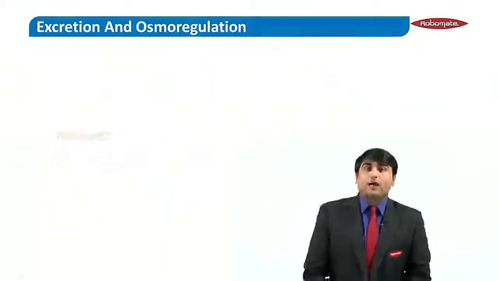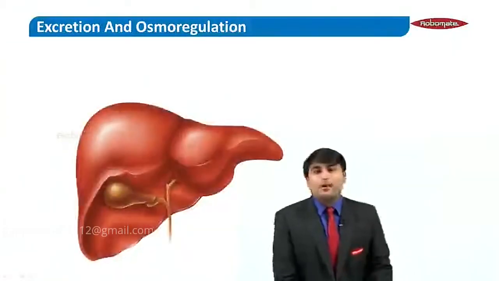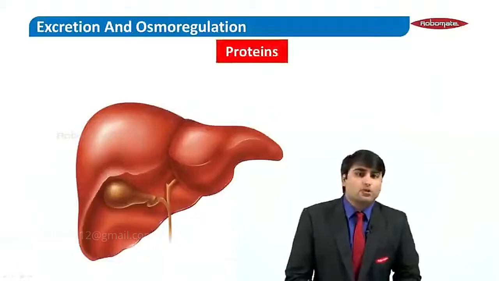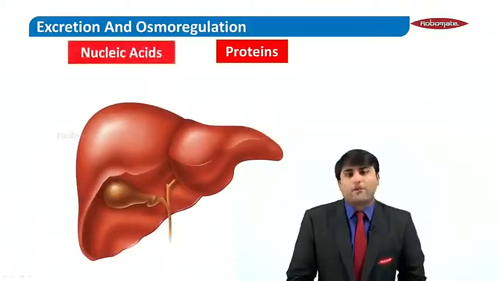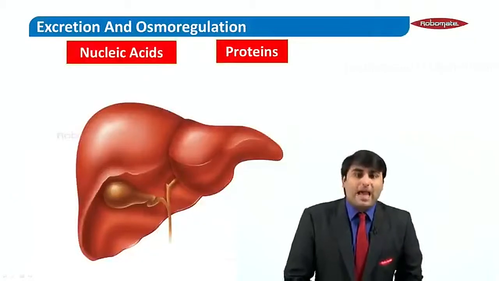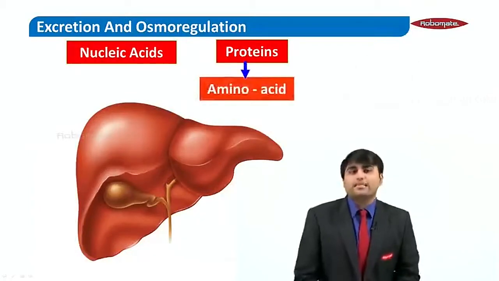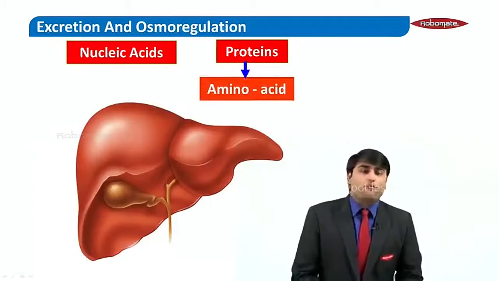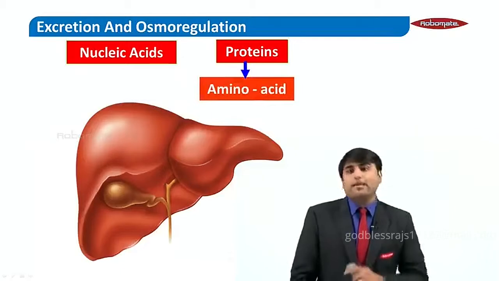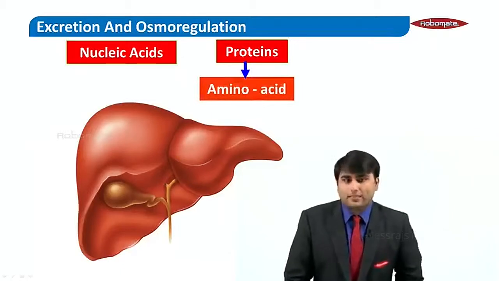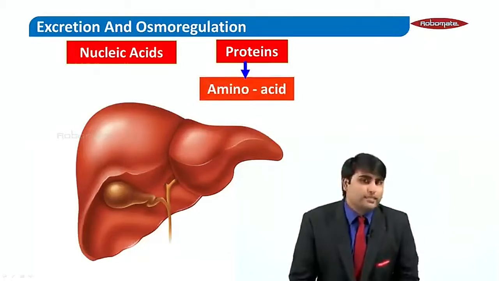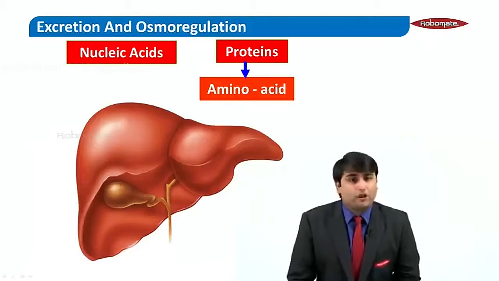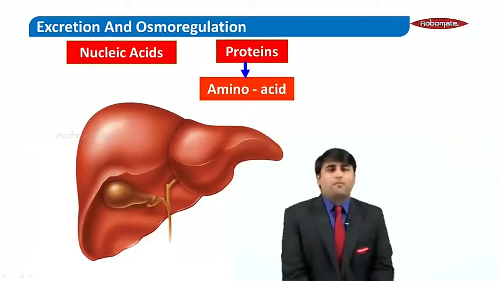Now let's see how proteins and nucleic acid give rise to nitrogenous waste products. So basically, as we eat proteins, the proteins are digested in the form of amino acids. Our body absorbs amino acids. Most of these amino acids are utilized for formation of important proteins in our body.